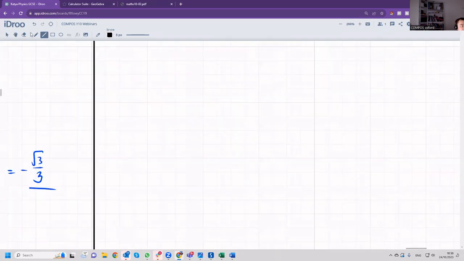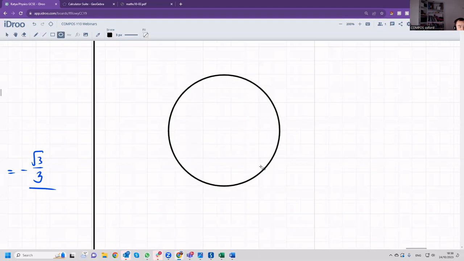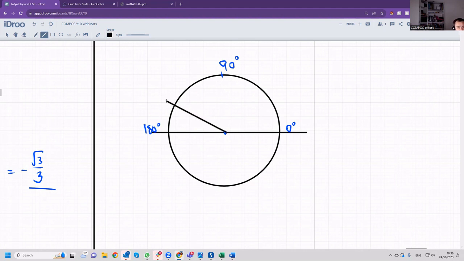Well, if you draw a circle, this is 0 degrees, this is 90 degrees, and this is 180 degrees. 150 degrees is somewhere here, because the angle is always measured from the positive x-axis. And 150.